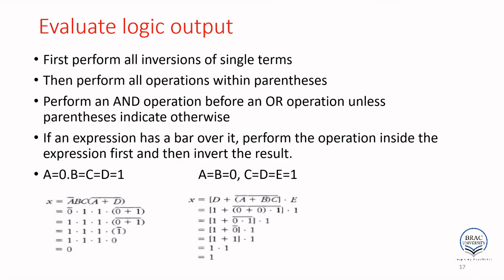Similar thing should be done for this one. I suggest you pause the video now and try to find the output for this expression. Remember, you are given A, B, C, D, E values. Just need to put the values here.